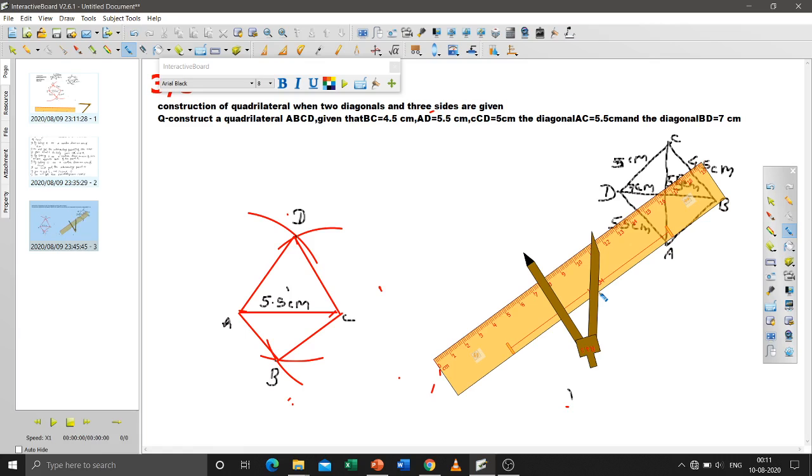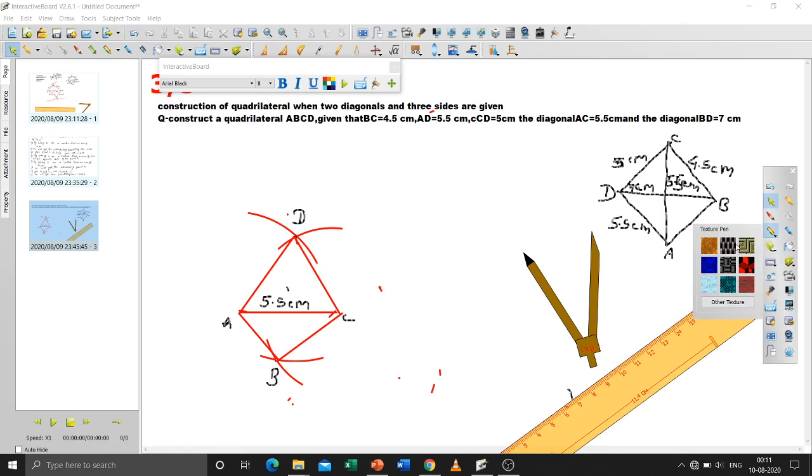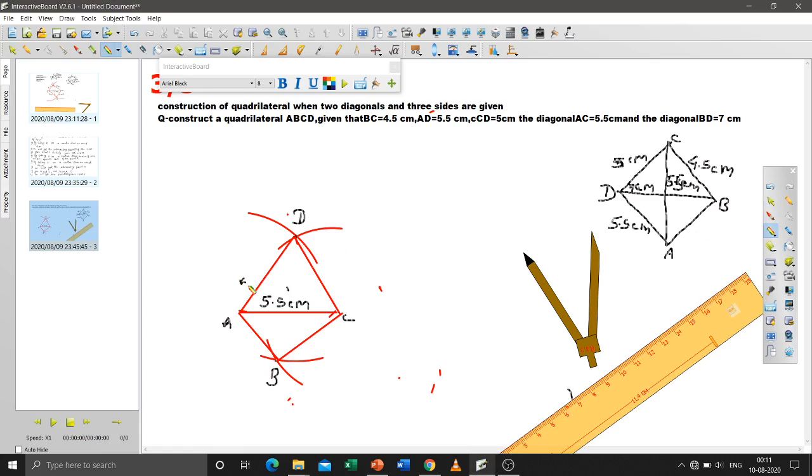This is the required quadrilateral ABCD in which AD is equal to 5.5 centimeter, DC is equal to 5 centimeter, BC is equal to 4.5 centimeter.